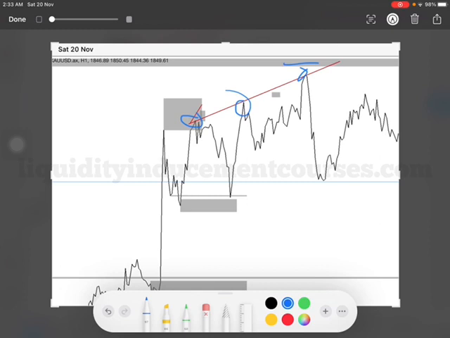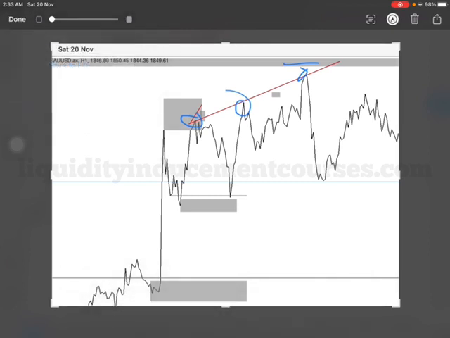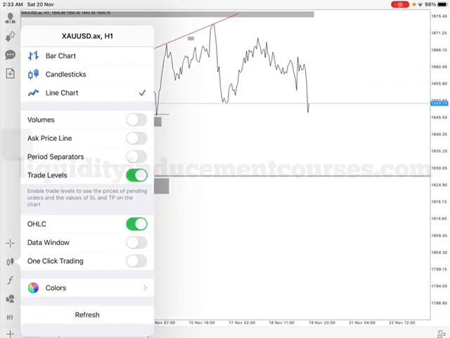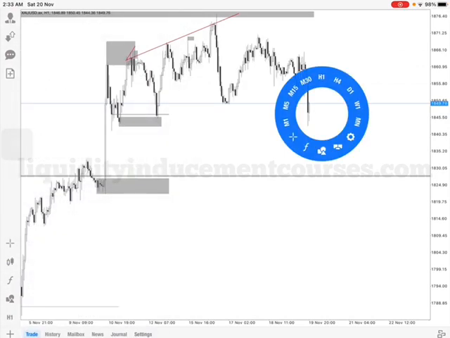So if the SL is below 20 pips, I don't mind if you want to take an early risk entry. But I missed the early risk entry, so what I did, let me show you.